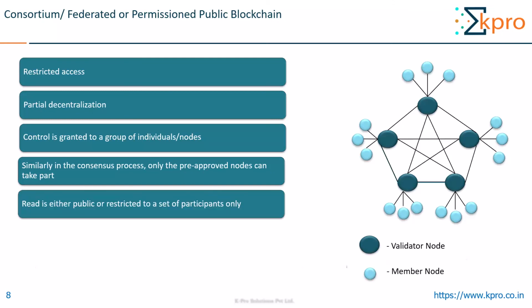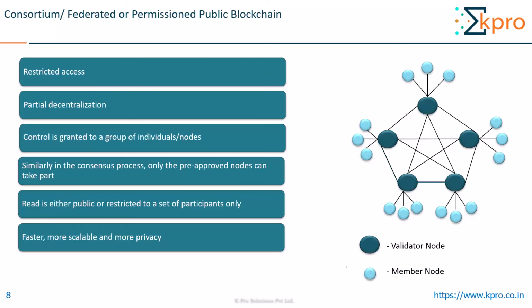But the read access might be open to all the nodes, both the validator and the member nodes, or might be open only to the validator nodes. This entirely depends upon the blockchain. Thus, this type of blockchain is faster, has more scalability and more privacy, as only a few nodes carry out the validation process and only a few nodes can access the network. So this is what the consortium blockchain is all about.